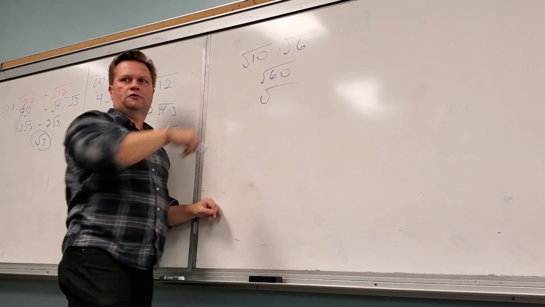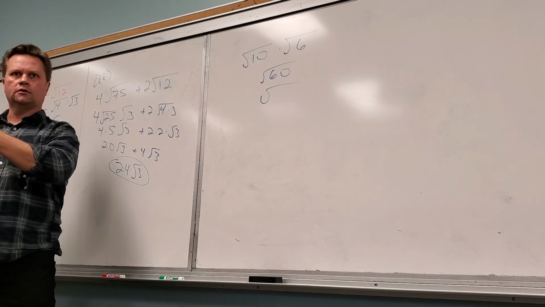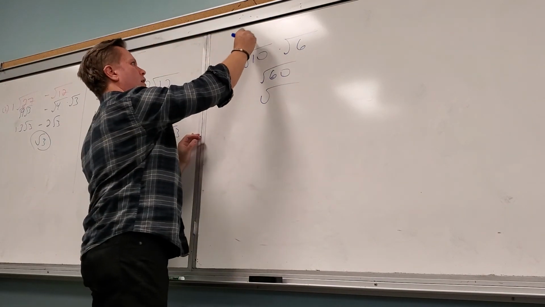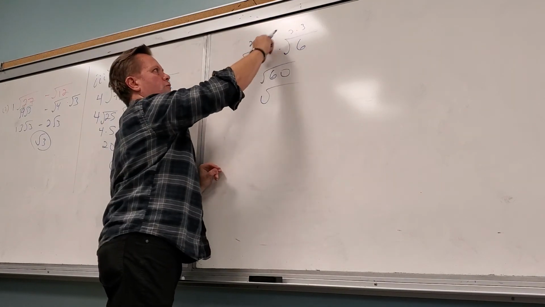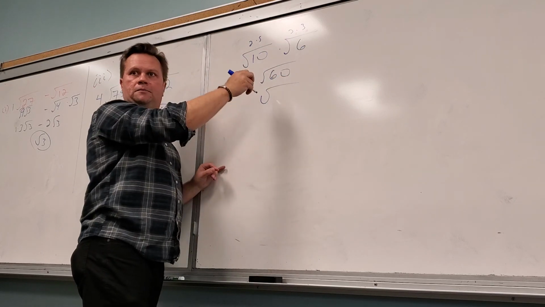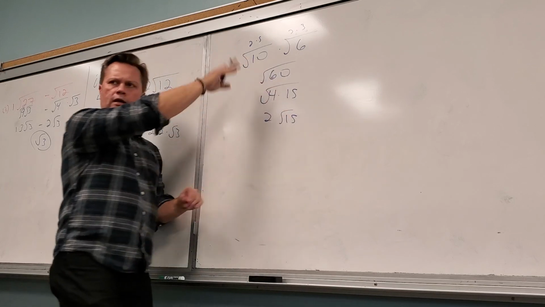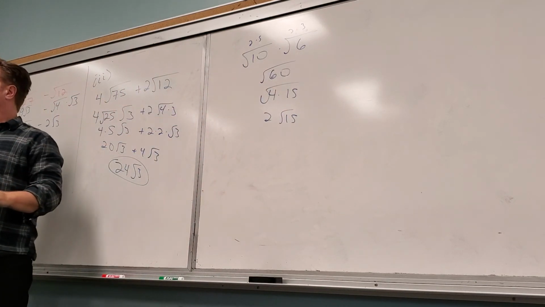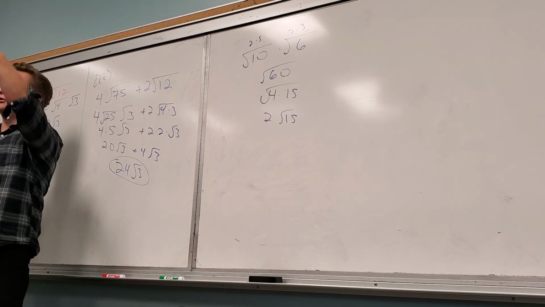Doesn't 6 have a factor of 2? So now don't you have 2 factors of 2, because you put them together? So you can be smart about it and realize ahead of time that you're going to get 4 times 15. Or you can just deal with the 60 when it comes up. So you get 2 rad 15. So there will be problems where you have to combine them and then see, can I reduce it now?